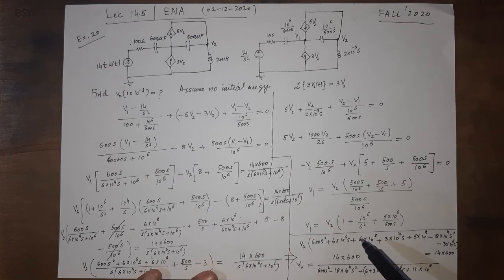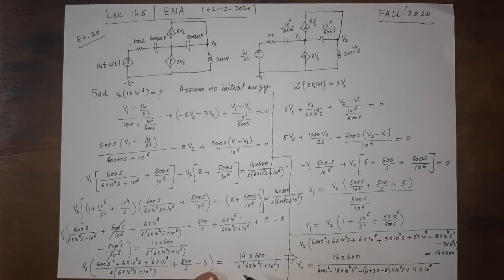Then I took this V2 common to get this, and the constant goes to the other side. The denominator on this side and this side is equal, so it cancels after taking this LCM.